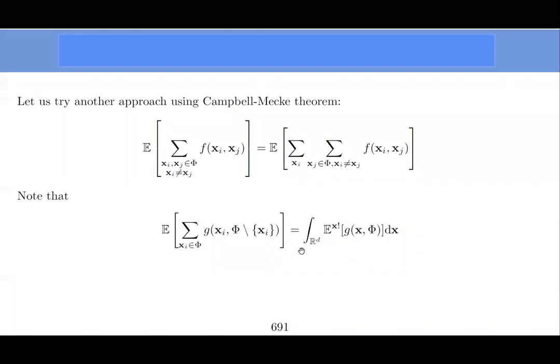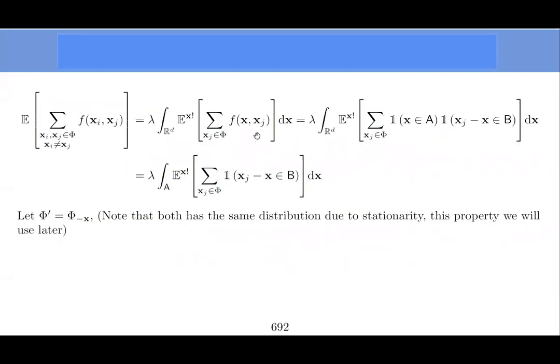So this will be equal to the integration of the reduced Palm expectation of g(x, phi) dx. If I put it there, what I get is the expectation of the factorial summation over all points x_j, where x belongs to A and x_j minus x belongs to B, dx.